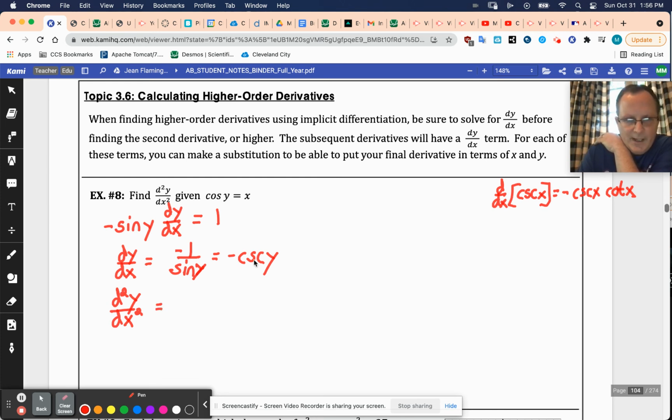Then it's a negative times a negative, which is positive. Since that negative is already there, it will cancel out, and it will be cosecant y times cotangent y.